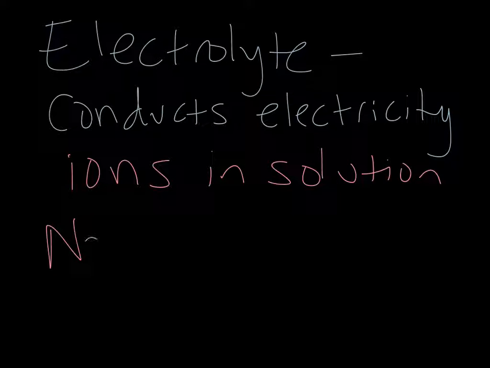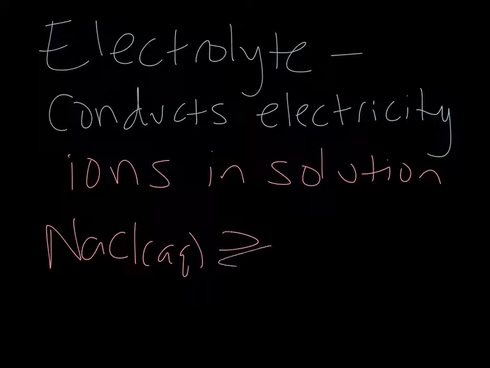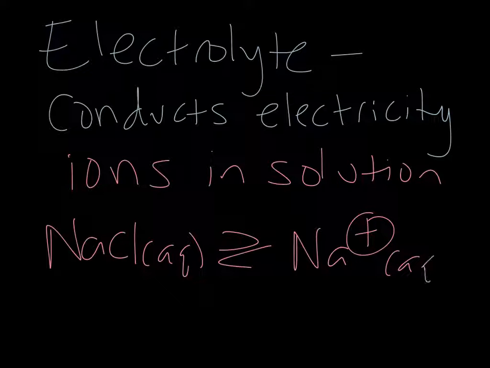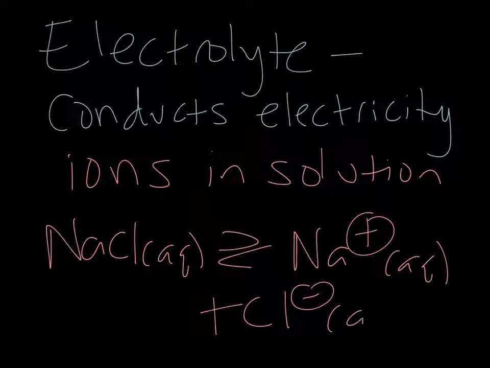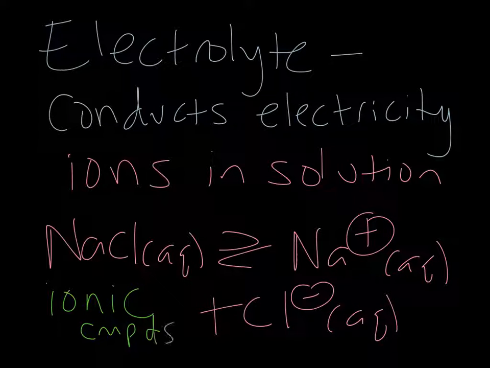So if we think about NaCl aqueous, what's really happening is that it's dissociating into Na plus ions and Cl minus ions, and those compounds tend to conduct electricity because they're ions. So generally speaking, ionic compounds form electrolyte solutions because they dissolve and dissociate into their ion components.